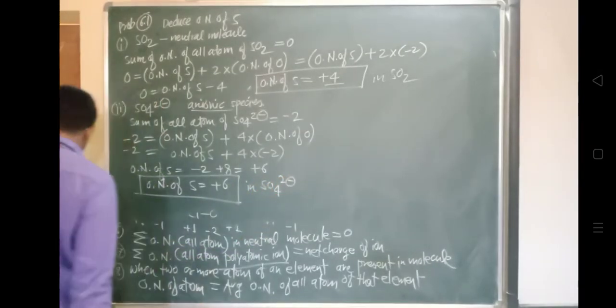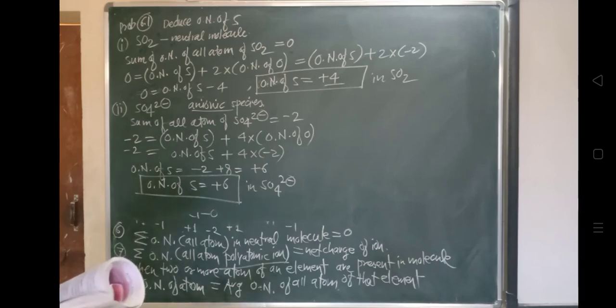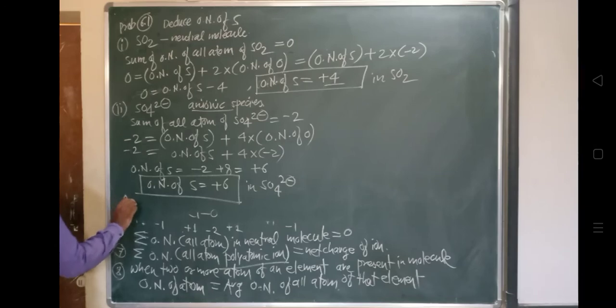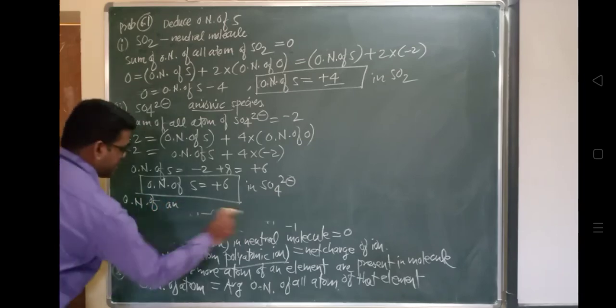So in this way, one can easily find the oxidation numbers of different atoms. The oxidation number of an element can be positive or negative, and it can be a whole number or a fraction. You have to remember this.